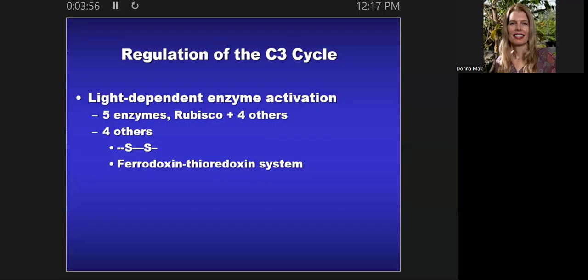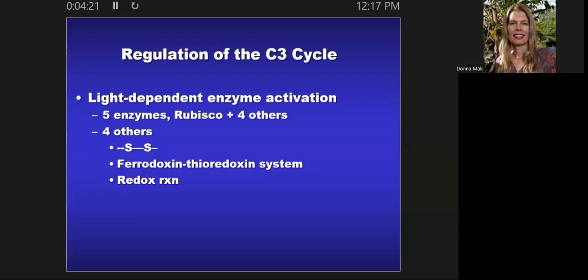So ferredoxin, that should ring a bell. That is a player in the light reactions. So this ferredoxin thioredoxin system is just a transfer of electrons. It's a redox reaction going on. It's a little short one. And basically the end result is that you get a break of the disulfide bond.